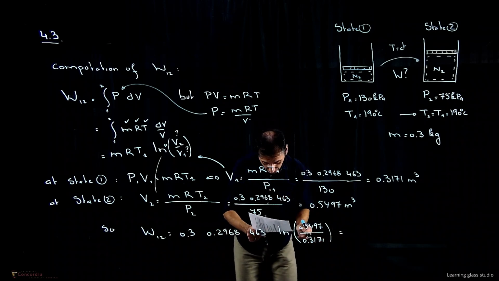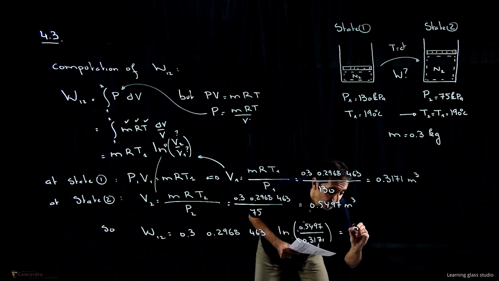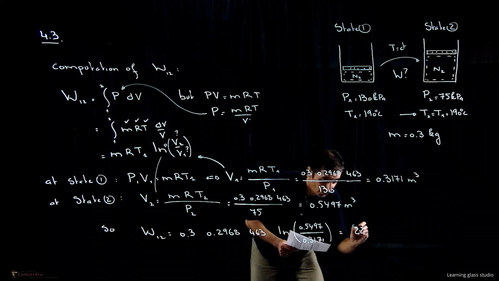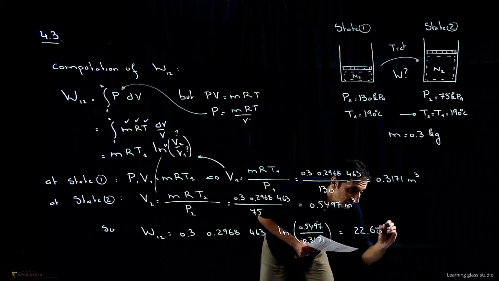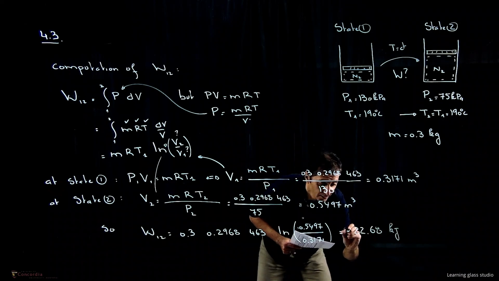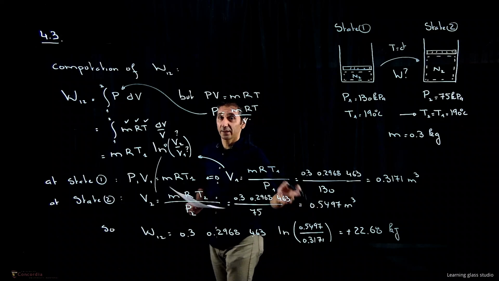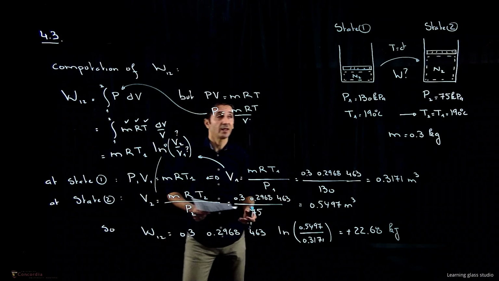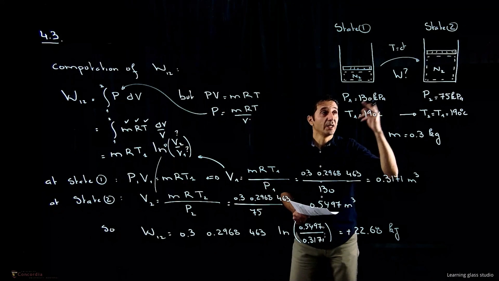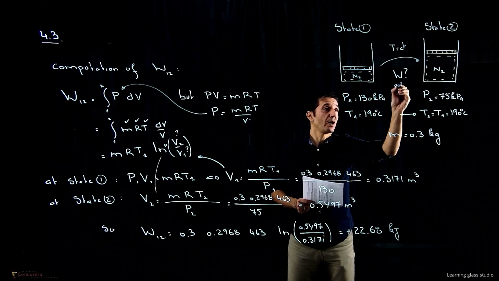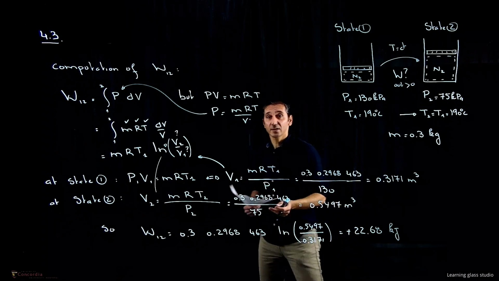And this would give us a work of 22.68 kilojoules. And again, here the work is positive. It makes sense. We have an expansion process. This is a work out, and it has to be positive.